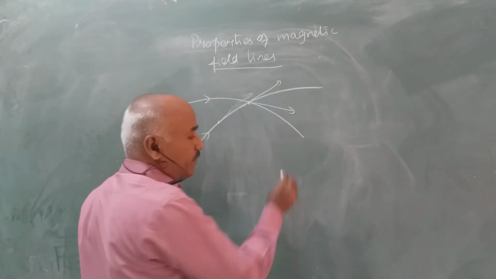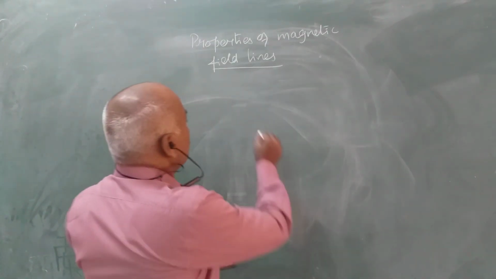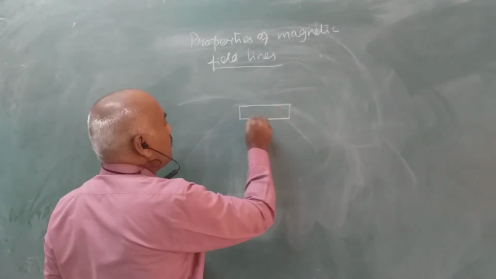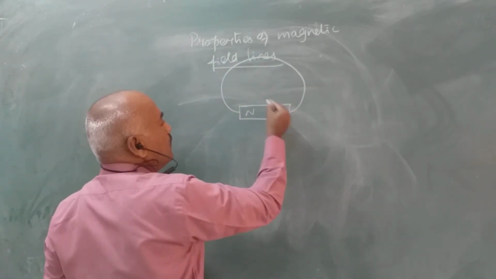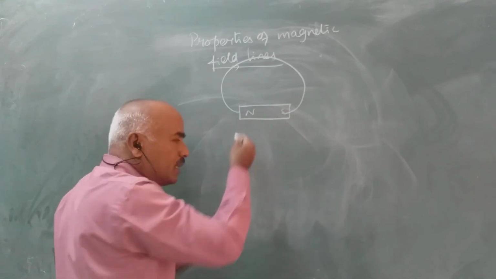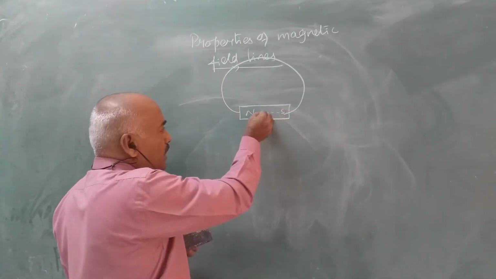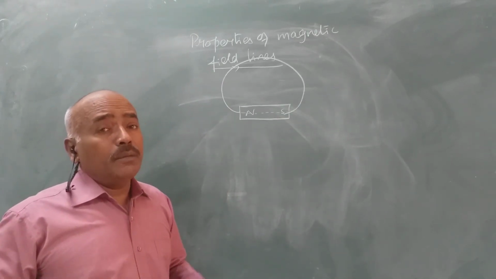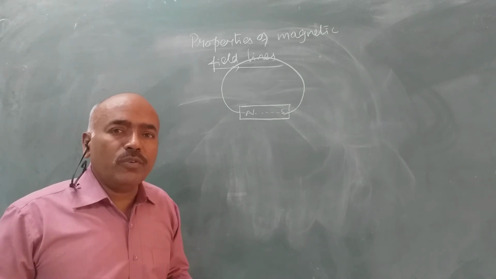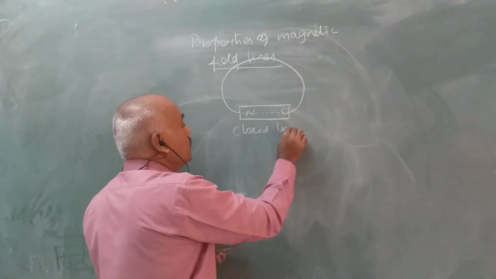If we draw the bar magnet, a line leaves the north pole and enters into the south pole, but then it definitely flows through this magnet. So that means magnetic field lines always form closed loops.